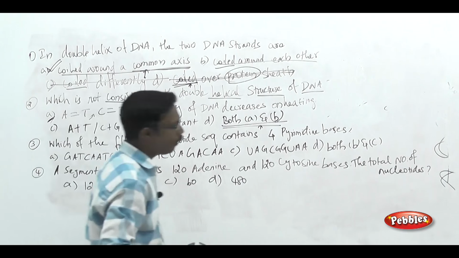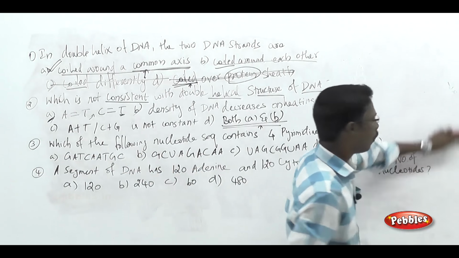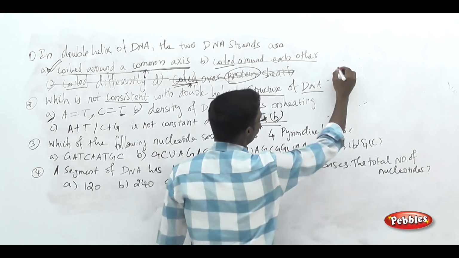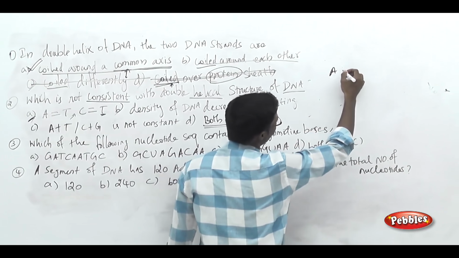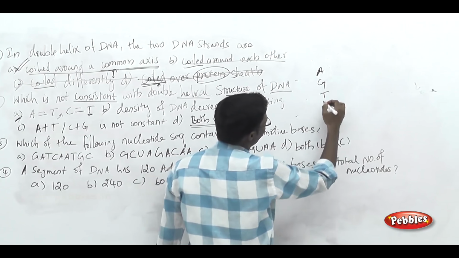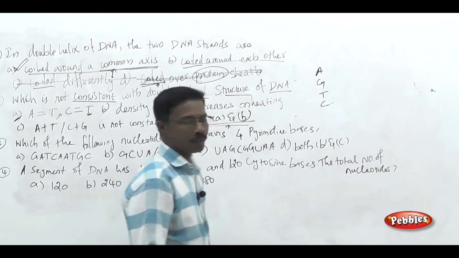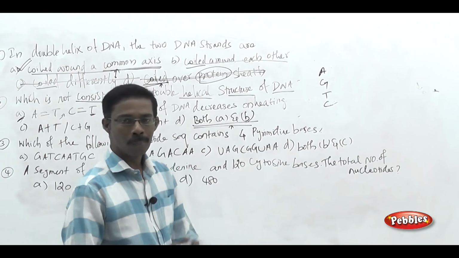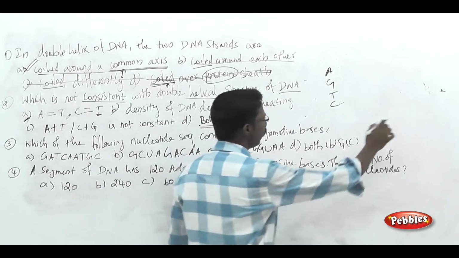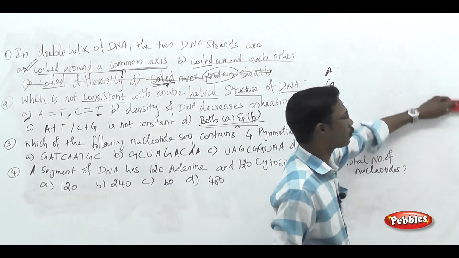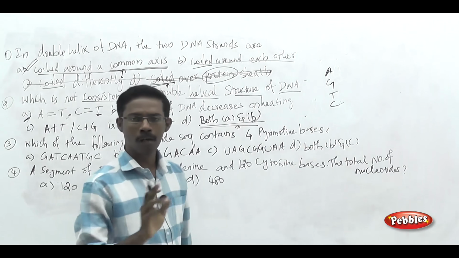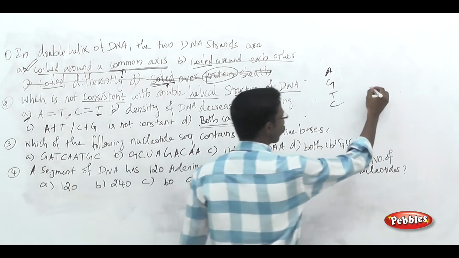In a DNA there are four bases present: adenine, guanine, thymine and cytosine, in a particular composition and sequence. We all know adenine always pairs with thymine, guanine always pairs with cytosine.